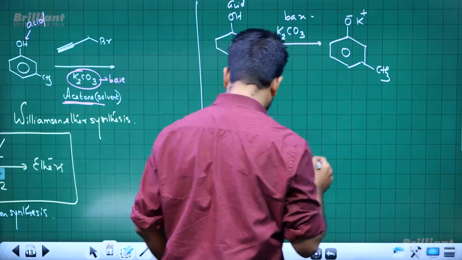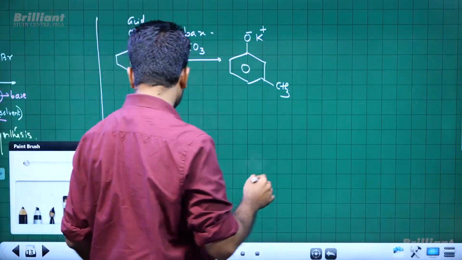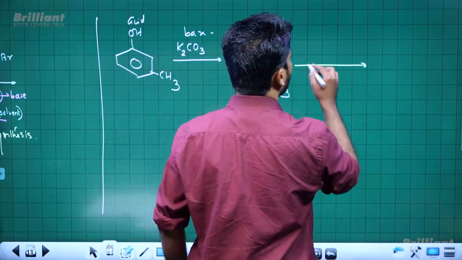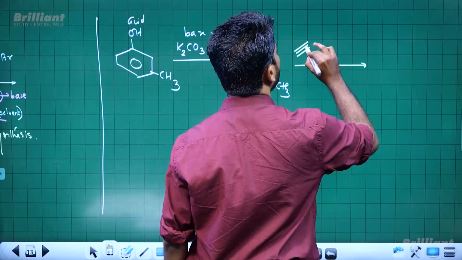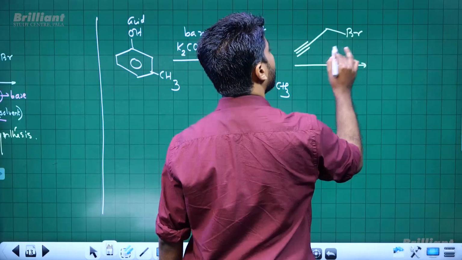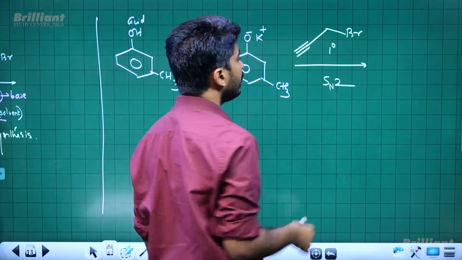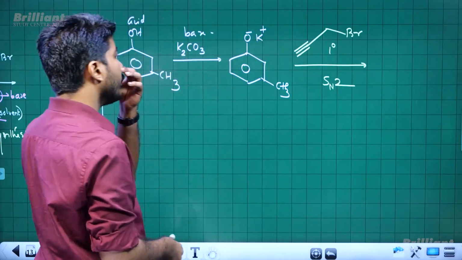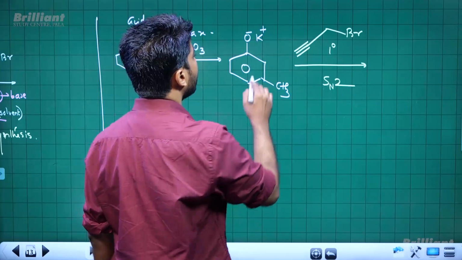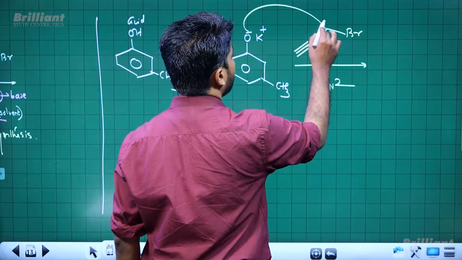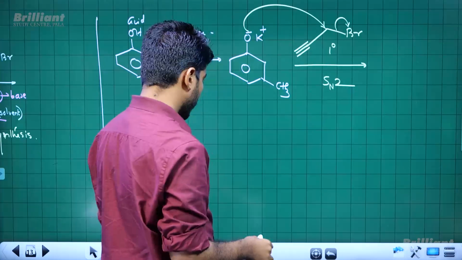Now phenoxide reacts with a primary haloalkane, which is propargyl bromide here. It is a primary haloalkane. Therefore, an SN2 reaction occurs. You know, primary haloalkanes generally give SN2 reactions, and the SN2 reaction occurs like this.